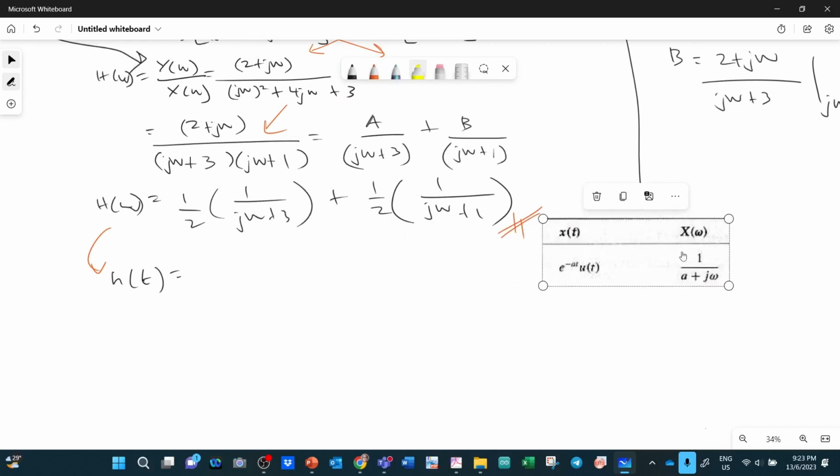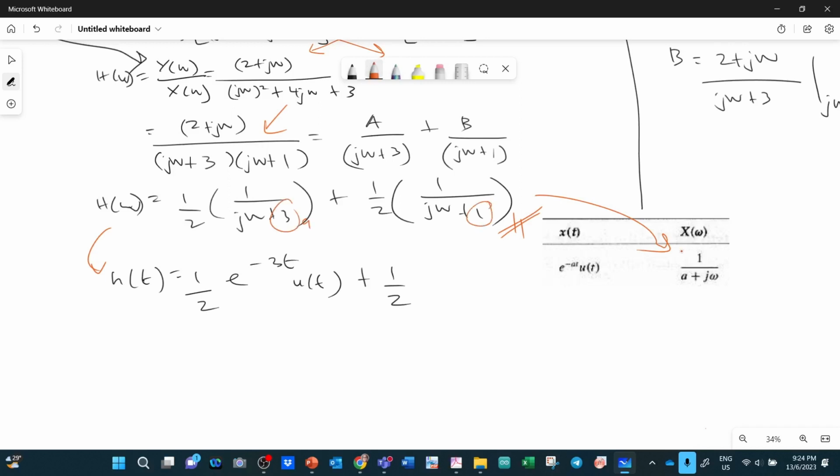By looking at this, compare it. So you can write it out: 1 over 2, for this case A is 3, so e to the minus 3t u(t), plus 1 over 2, so this is A, this is A, your A value is 1, so e to the minus t u(t). So this will be the answer in time domain.